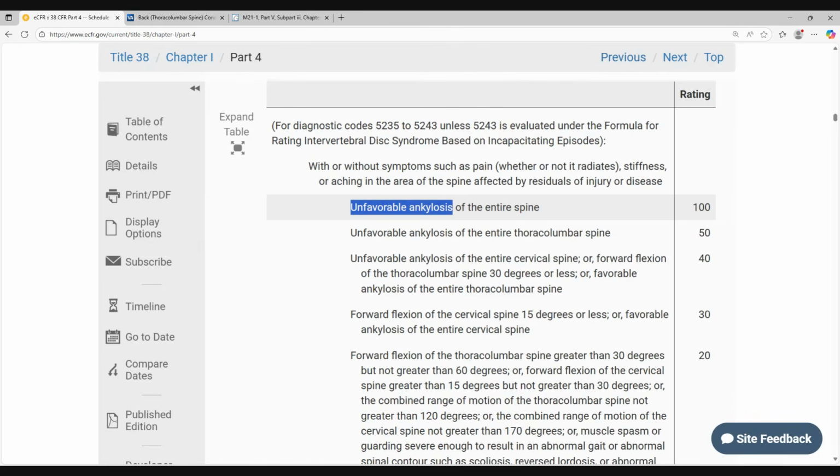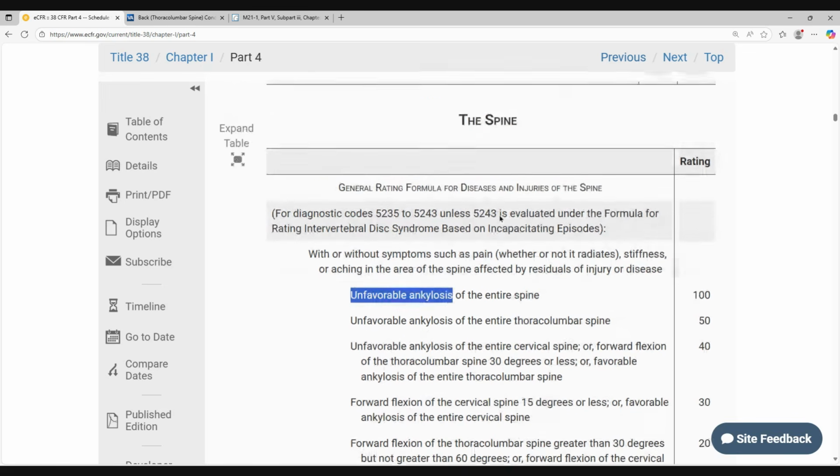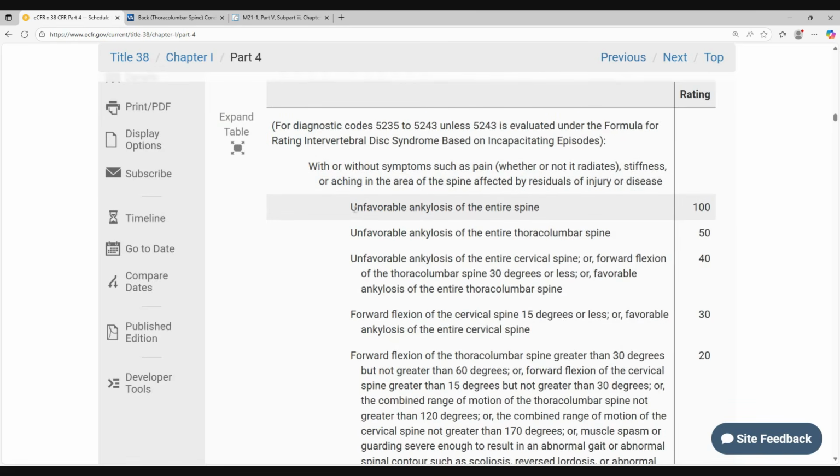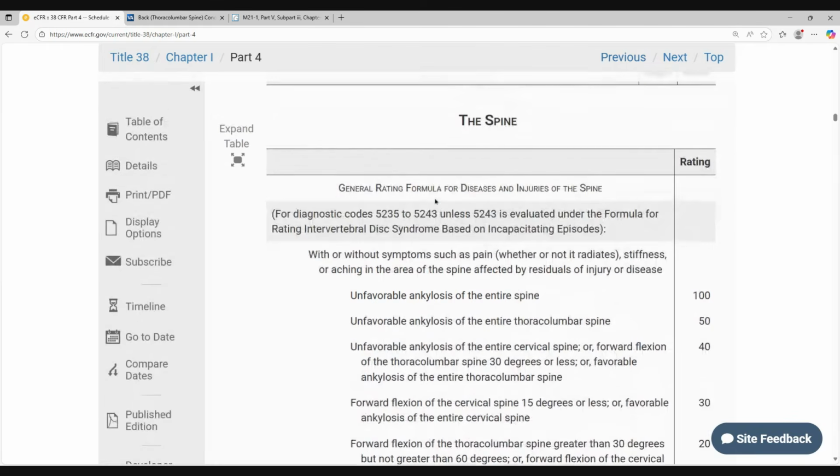If there's conflicting evidence, then I would defer the decision back and ask the examiner to please clarify the conflicting evidence and rule one way or the other whether or not you do or do not have unfavorable or favorable ankylosis. So it's not the rater's decision. So if you do have an issue with a claim that you have, that's the examiner's issue. So that is the 38 CFR for the spine.